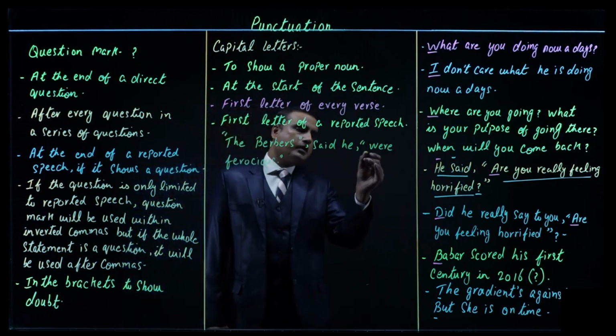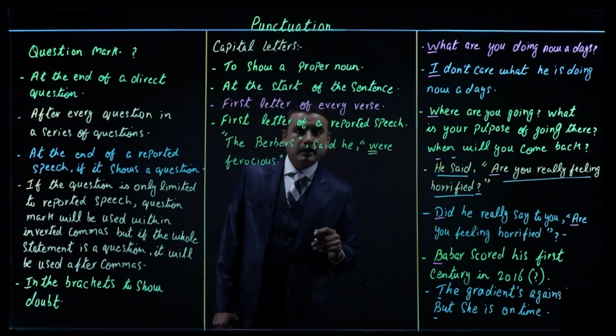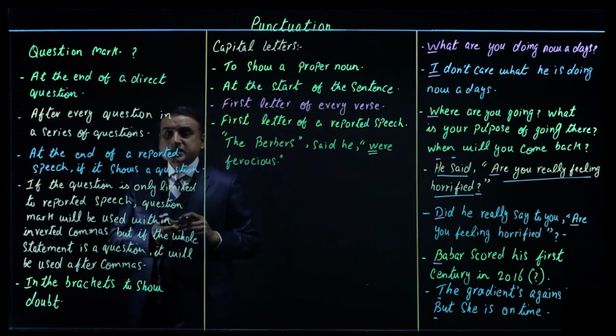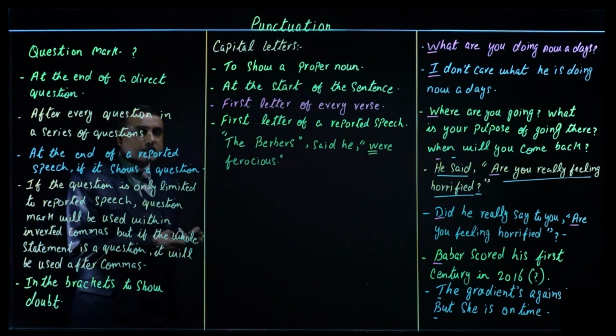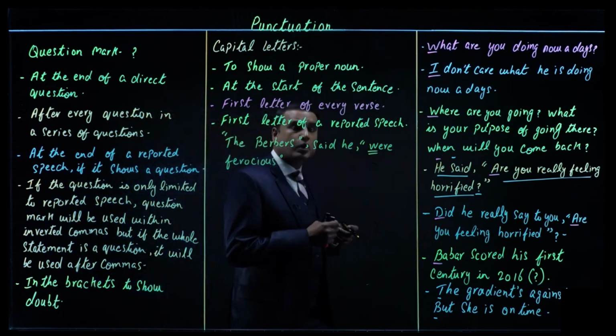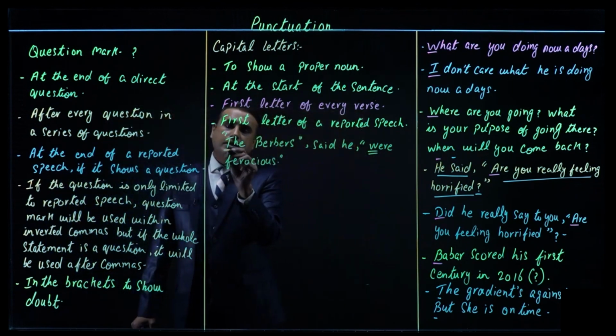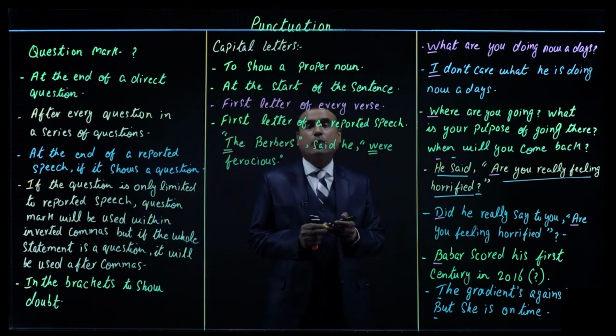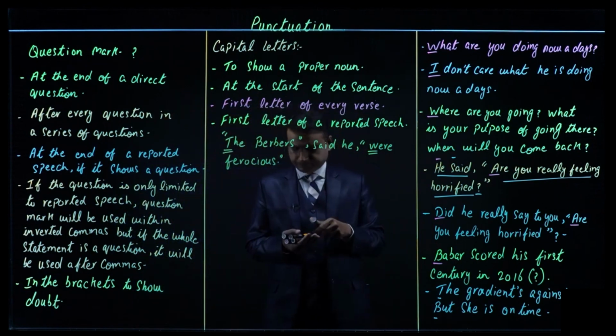Now you can clearly see that when the reported speech has restarted, the first letter is not the capital letter. Only the first letter of a reported speech will be the capital letter.